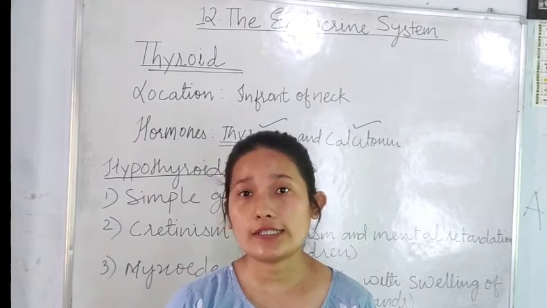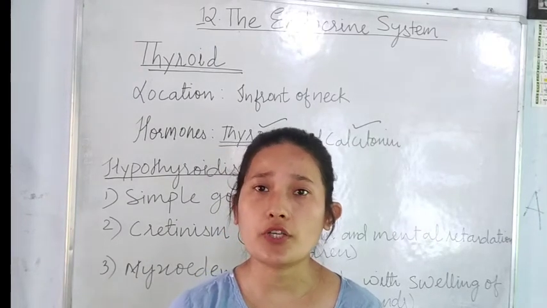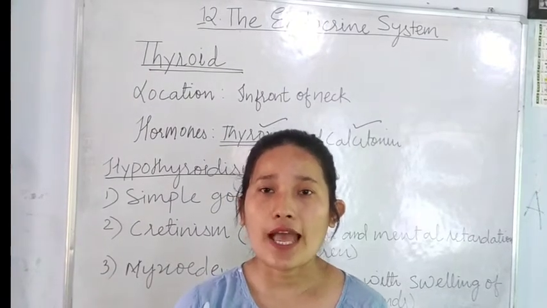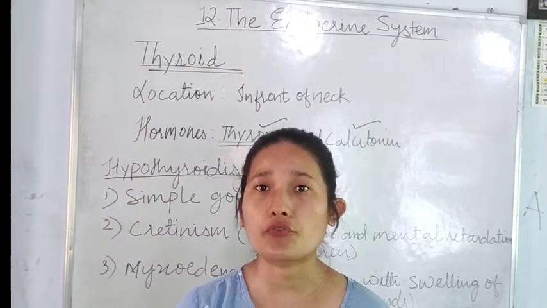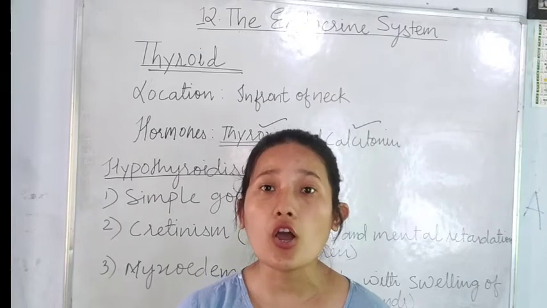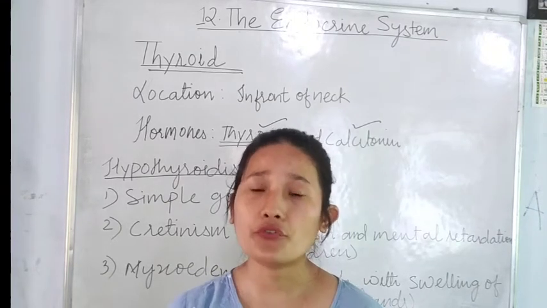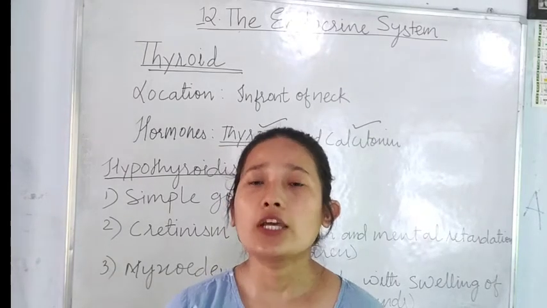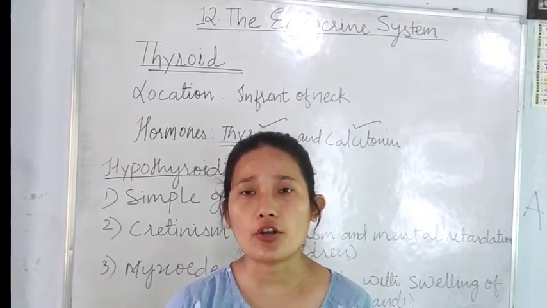Also it's a diet deficiency disease because of not taking a diet containing iodine. Iodine is very much essential for the formation of a thyroxine hormone. Okay, and if your diet does not contain proper amount of iodine, thyroxine formation cannot take place.